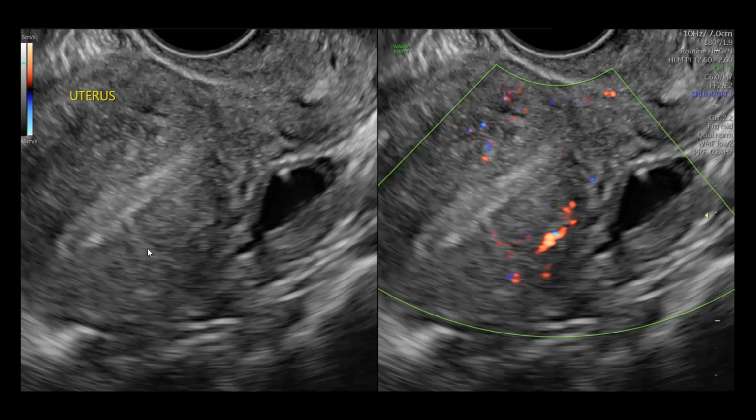Interestingly, as we're moving closer to the endometrium over here, we might be seeing an echogenic line, maybe two, and we're not seeing any of that vascularity filling this here. So these here might be more evidence of adenomyosis, whereas these are definitely not.